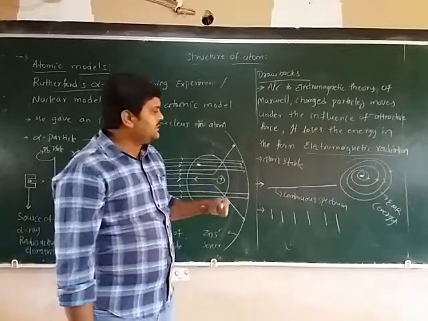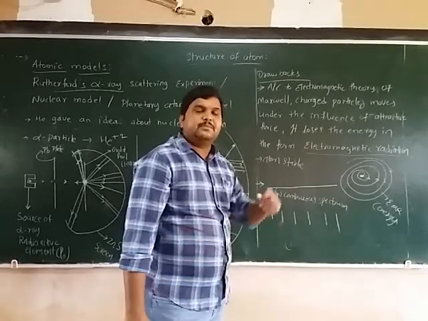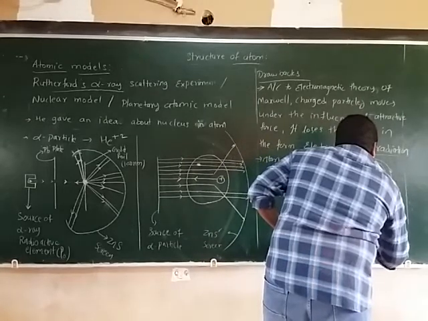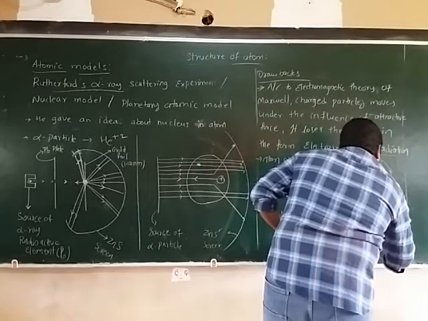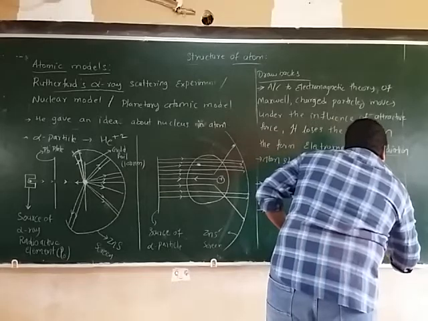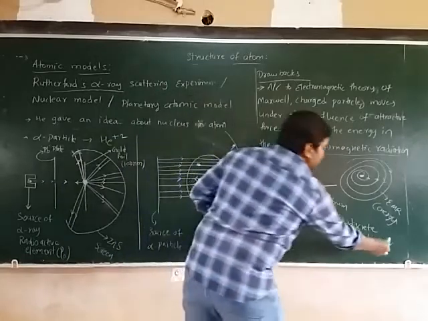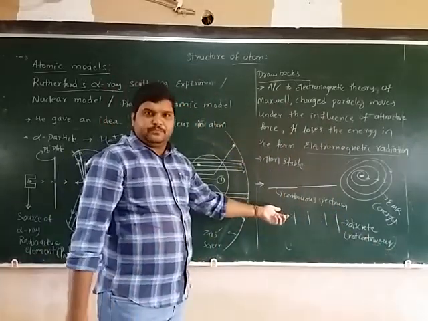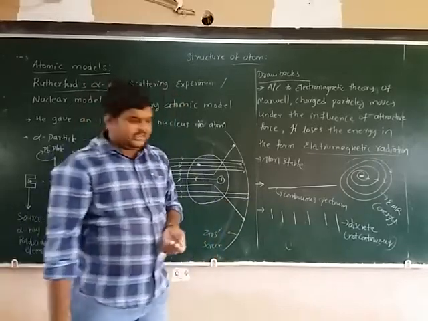It does not explain the discrete energy levels. Discrete means not continuous. So discrete energy levels were observed instead of a continuous spectrum. This is not explained by Rutherford's alpha ray scattering experiment.